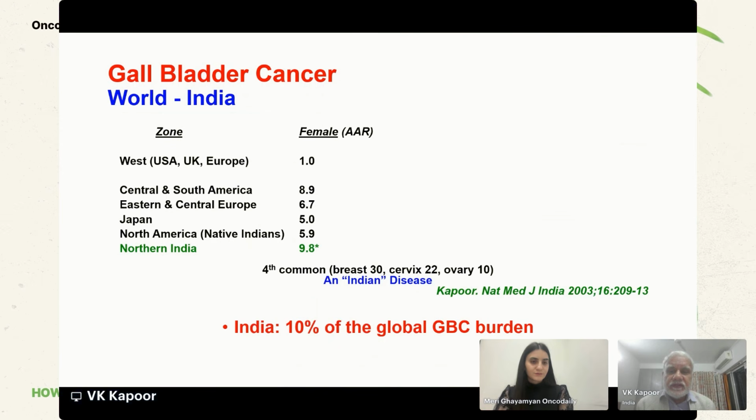Because gallbladder cancer is common both in Native American Indians and in Asian Indians, I have called it an Indian disease. And in fact, India contributes 10% of the global gallbladder cancer burden, partly because we have a huge population of 1.4 billion, and partly because of this very high incidence of gallbladder cancer, at least in North India.